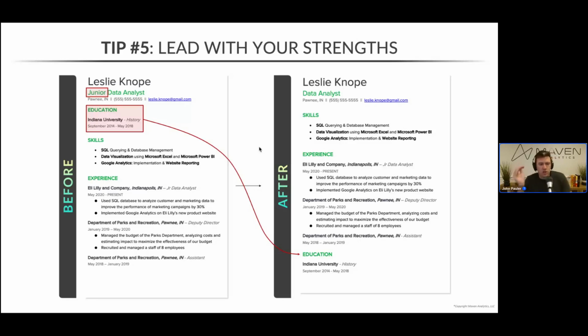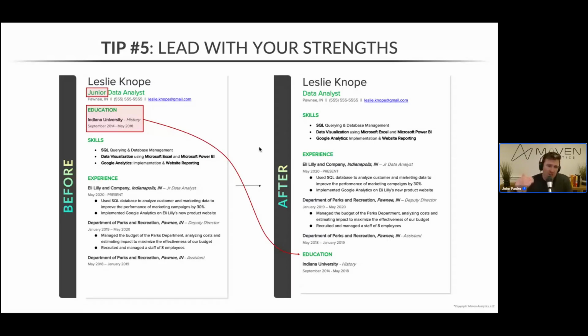So she's got her education up at the very top, right? If you think about the person reading this and making a snap judgment within 6 seconds, this is one of the first things she's going to read, and it's super not useful for selling her. She's got a degree, it's in history, not really relevant to analytics at all, versus if she bumped her skills up to the top, that stuff is so much better and sells Leslie in a really, really good way.